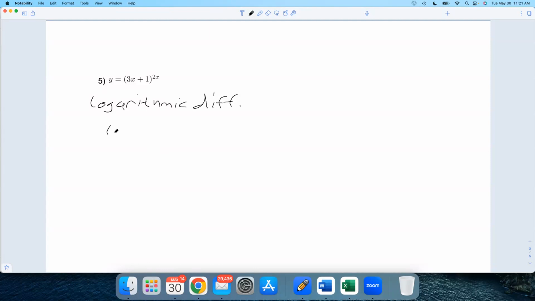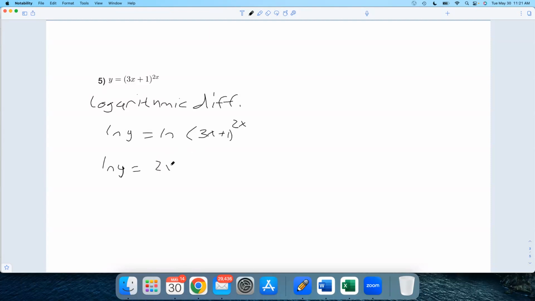So we take the natural log of both sides. Then we take the derivative. The whole reason we take logs of both sides is to get this exponent to come down. So let's do that first.